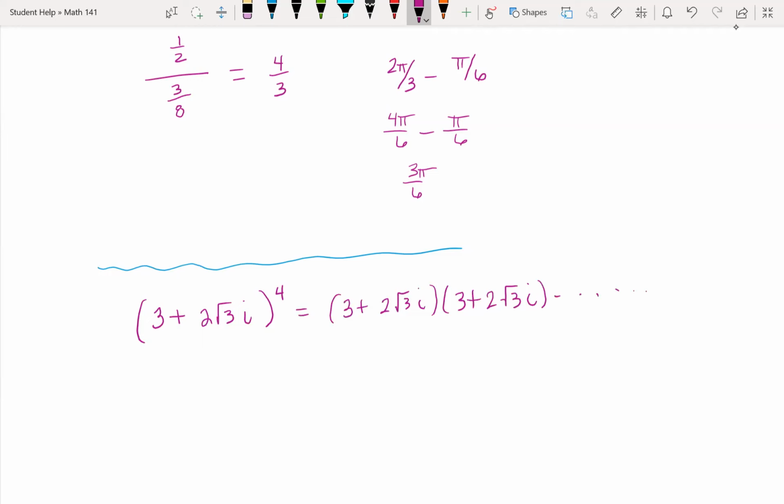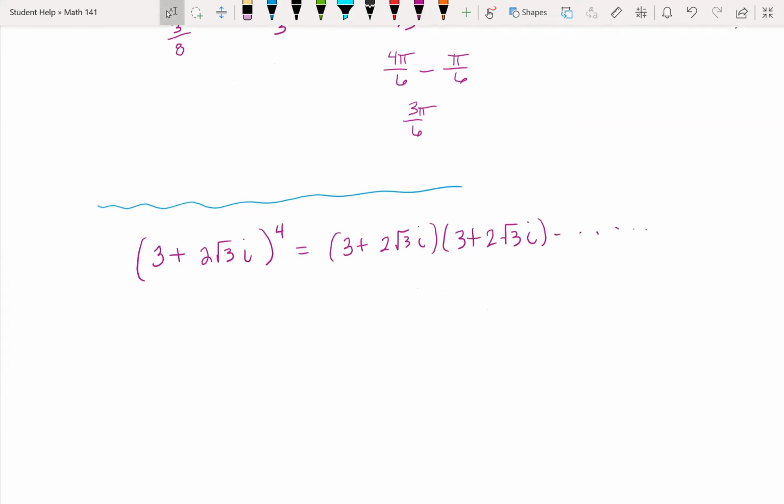But instead, if I change to the trigonometric format, then this formula that I'm about to give you makes it easier. So changing to the trig notation makes this easier.